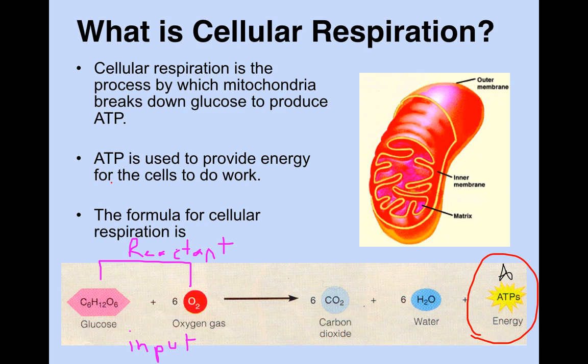It produces 6 CO2, carbon dioxide, 6 H2O, water, and around 36 to 38 ATP, or energy. So these are the products, also known as the output. Of course, light is not needed for cellular respiration as it is in photosynthesis.